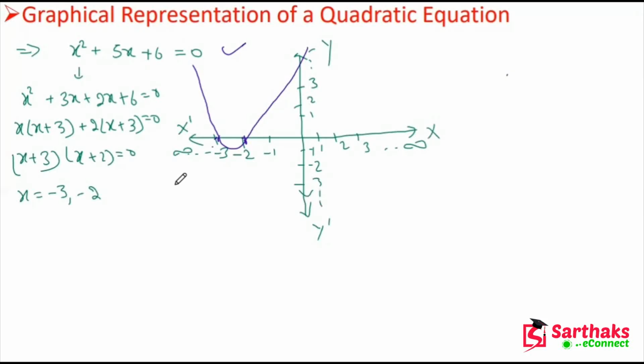Now, how can we decide that the parabola is upward? It can also be downward, but here that would be wrong. So the condition is that, in the above figure, minus 2 and minus 3 are the roots of the quadratic equation, no doubt.